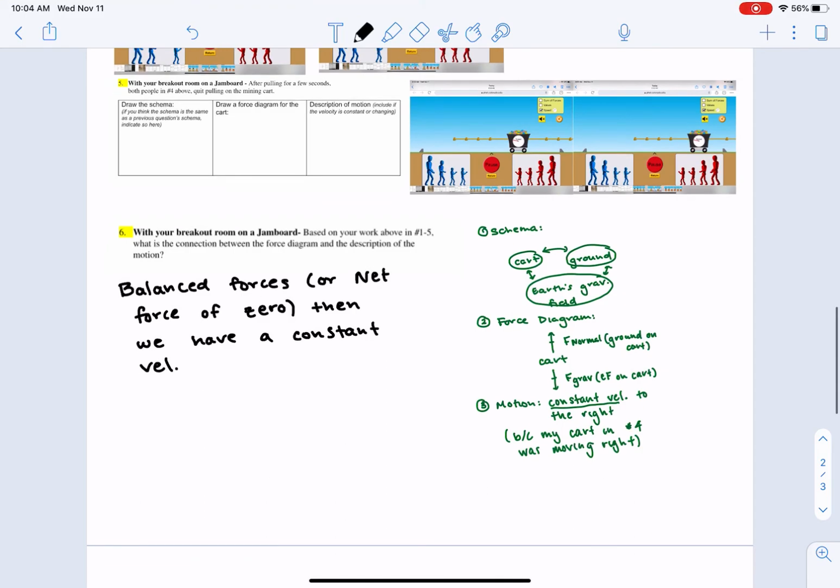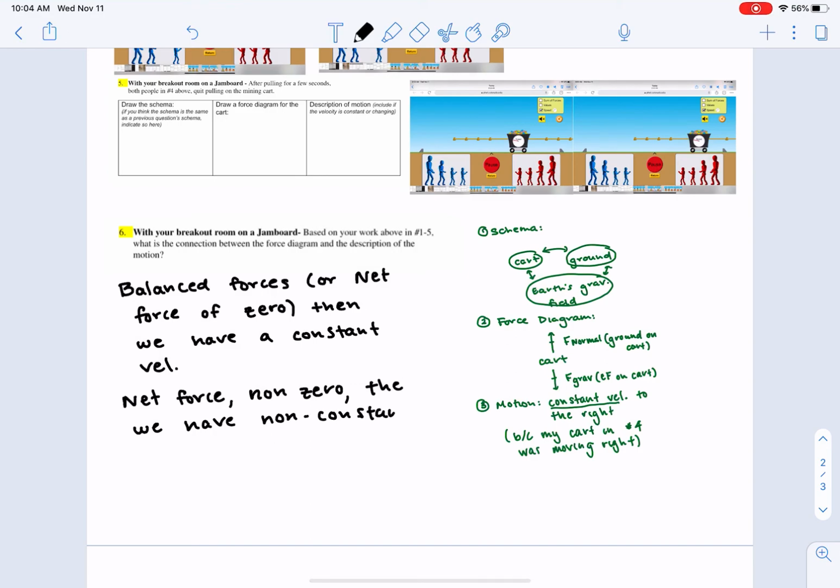And if we have a net force that's not zero, then we have non-constant velocity. So maybe that's speeding up or slowing down.